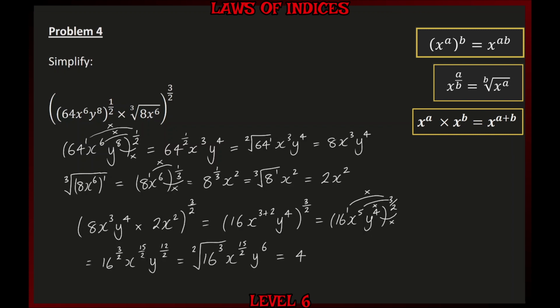So we have 4, still with a power of 3 on it, x to the power of 15 over 2, y to the power of 6, and finally 4 cubed, or 4 to the power of 3, is 4 times 4 times 4, which is 64. So our final answer for problem 4 is 64, x to the power of 15 over 2, y to the power of 6.